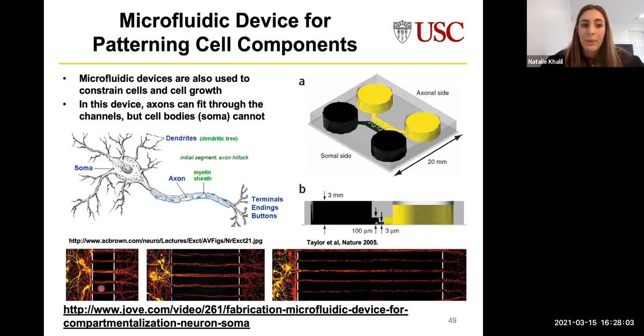And in this way, they were able to compartmentalize different regions of a neuron. And this is advantageous because let's say you want to injure the axons and then treat the device with a drug to examine axon regeneration in response to that drug. So now you can easily visualize that since the axons have been isolated from the soma on this device.